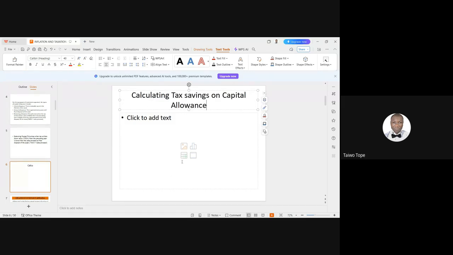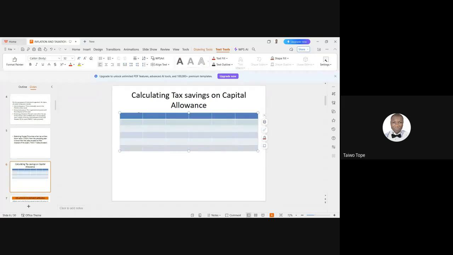So we can have this format, and this is the format you always use when trying to solve questions that involve capital allowance.